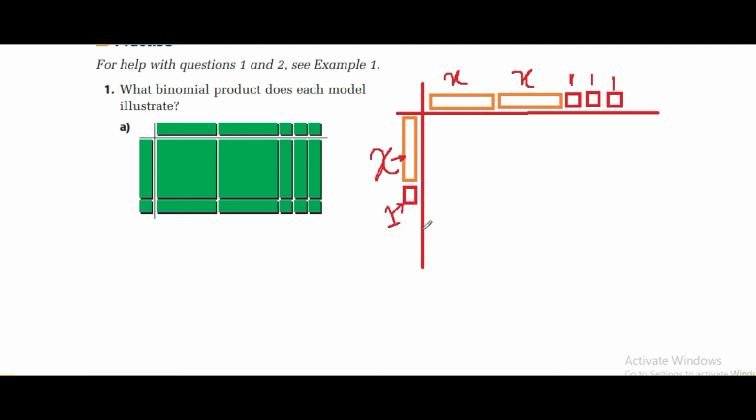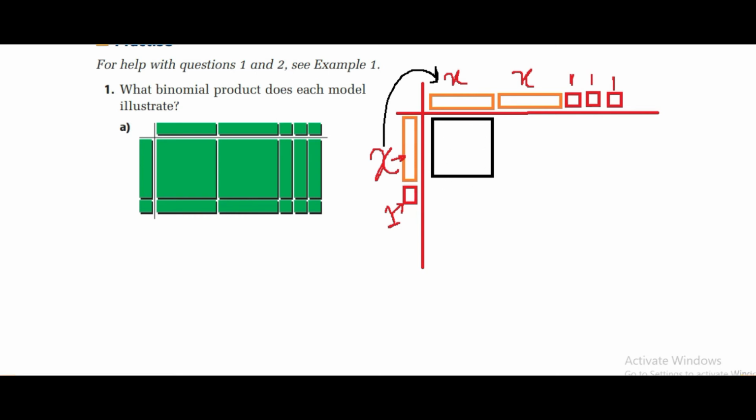All tiny squares represent 1, and the orange rectangles are x. When you multiply, you always multiply the vertical line with the horizontal line. So when you multiply this x with this x, you get a big square, the representation of x square.